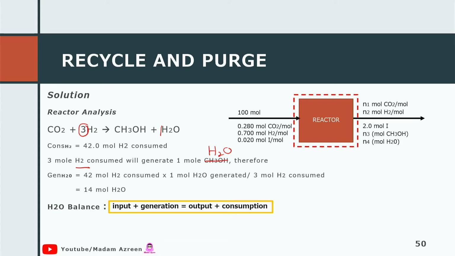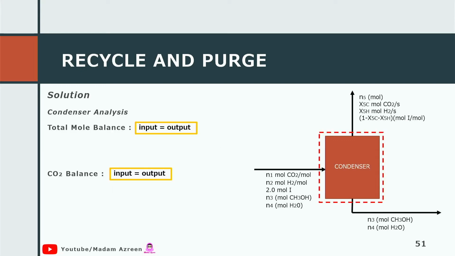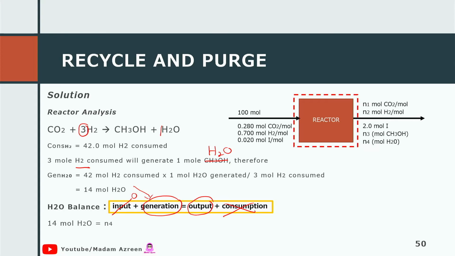So you can do a material balance for H2O, and you will straight away get the value of N4. There is no input, just the generation and the output. There is no consumption because it is a product. So from there we already determined N1, N2, N3, and N4.